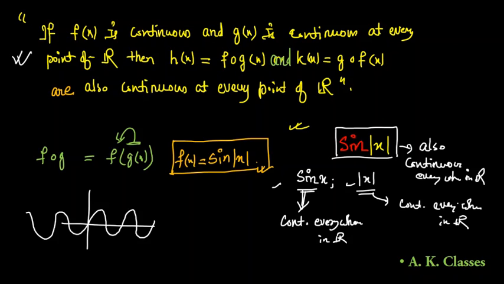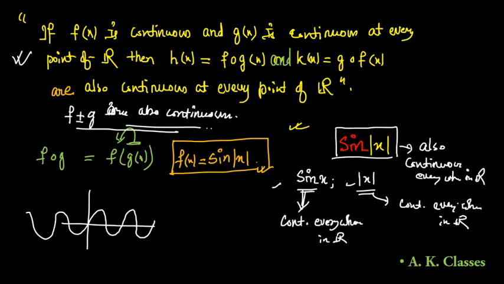If not, let me say one more thing here. If f(x) and g(x) are continuous, then f plus minus g are also continuous. f plus minus g means f(x) plus g(x) and f(x) minus g(x).